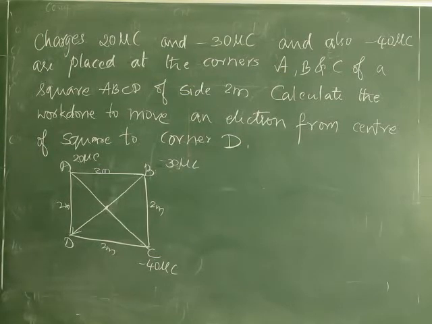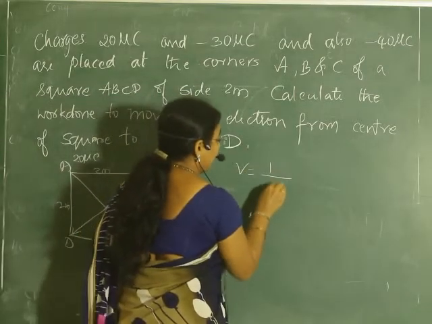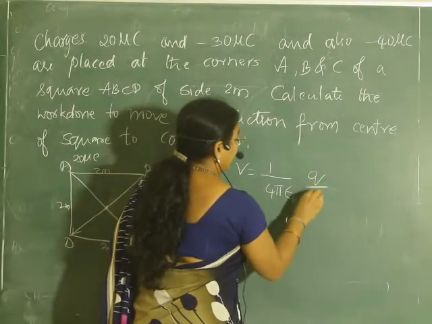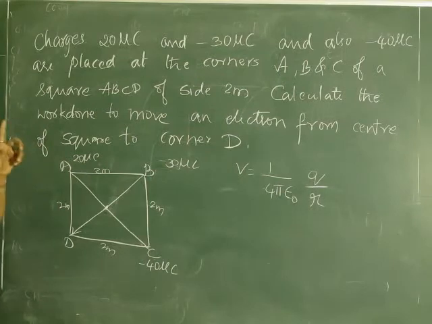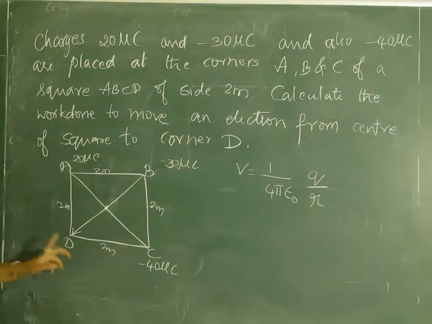Let us use the expression of potential, that is V is equal to 1 by 4 pi epsilon naught Q by R. If there is a system of charges, then you have to add the potentials of all three separately.